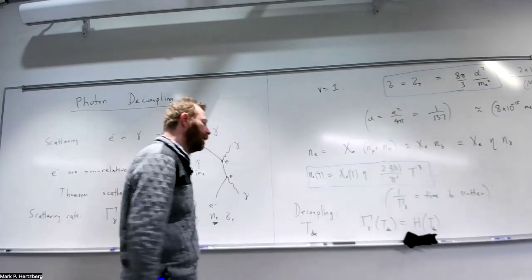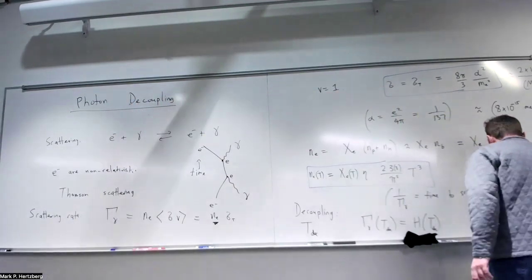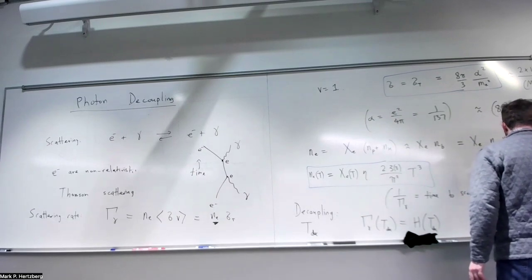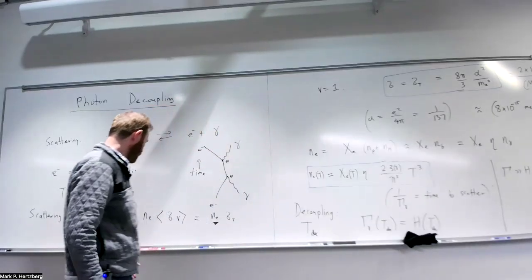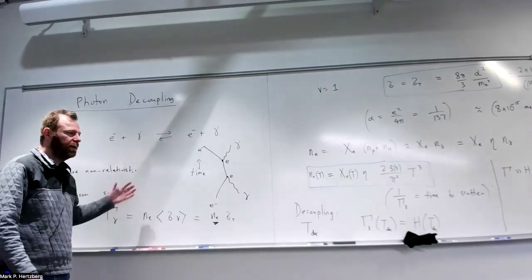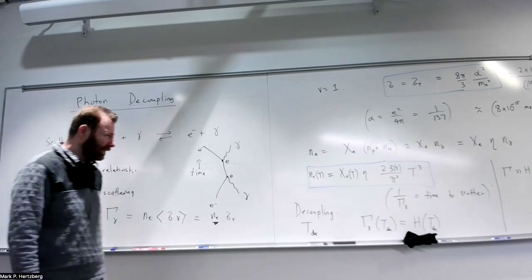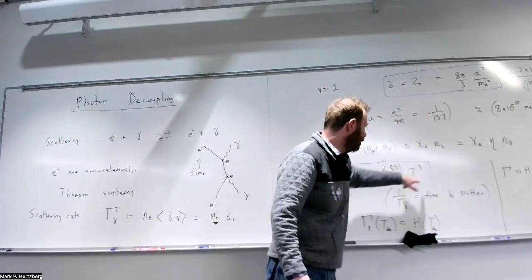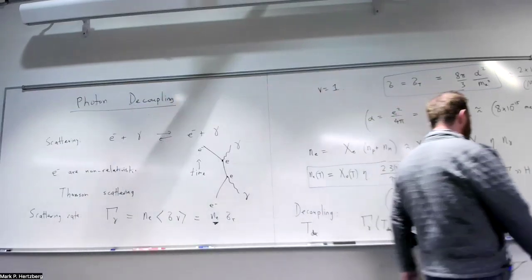So in other words, when gamma is much bigger than Hubble, it happens in the early universe. You can double check that this rate will be much bigger than Hubble in the early universe because the number of free electrons is huge and also has factors of T cubed that are also huge when the temperature is high. Then scattering happens easily.